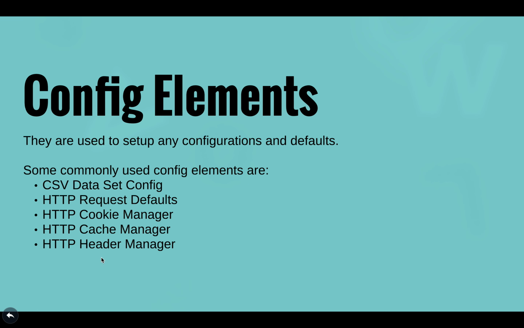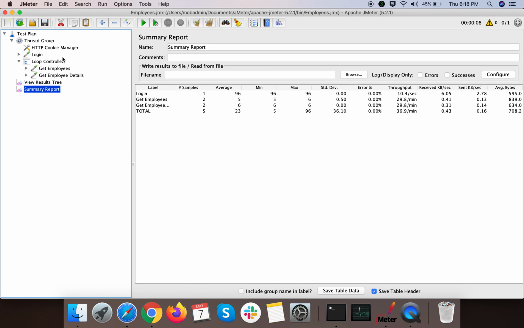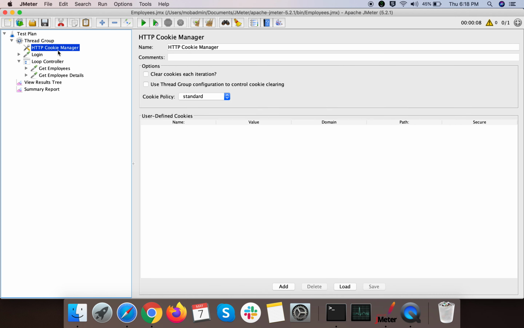I'll show you the config elements in my script. So these are the config elements. If you view this HTTP cookie manager, it is used to manage the cookies. If your application uses cookies, that functionality can be managed using the HTTP cookie manager in the script.